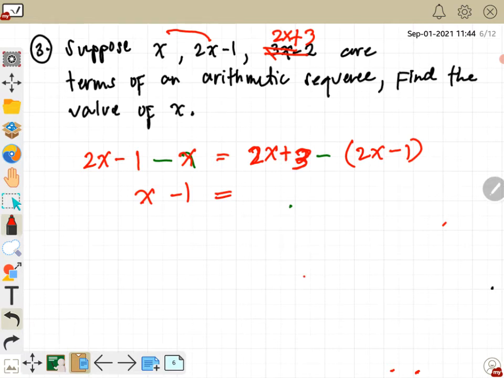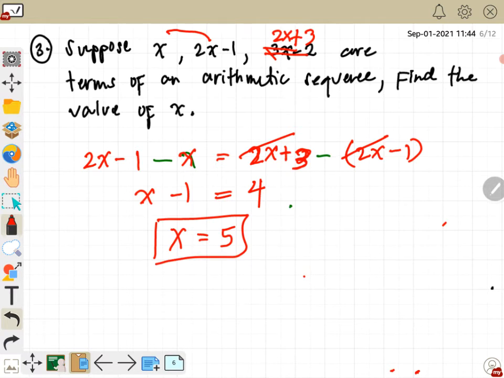So here we have 2x plus 3 minus 2x minus 1. So 2x minus 2x is simply 0. 3 minus negative 1 is positive 4. So here we have x equals 5.